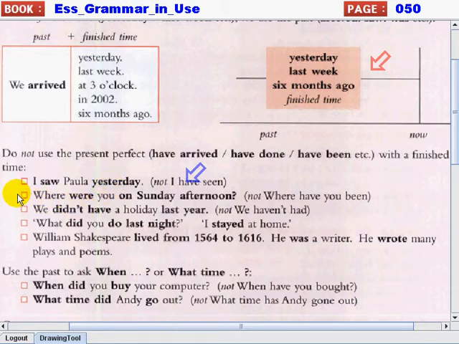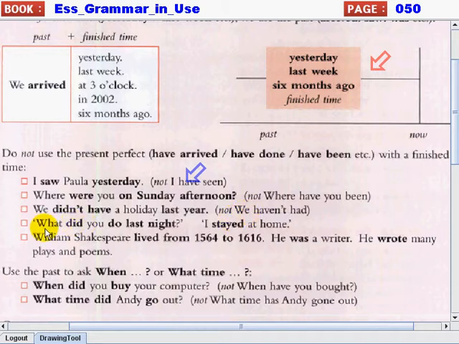Next, where were you on Sunday afternoon? You shouldn't say, where have you been? Alright? Next, we didn't have a holiday last year. You cannot say, we haven't had holiday last year.